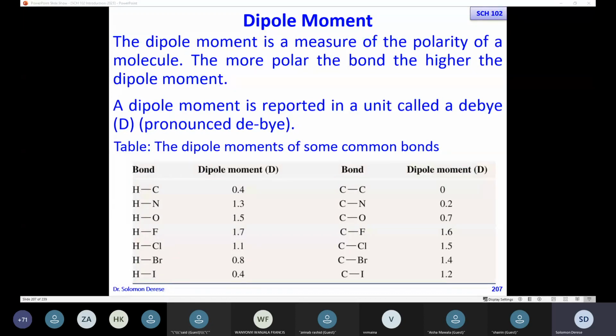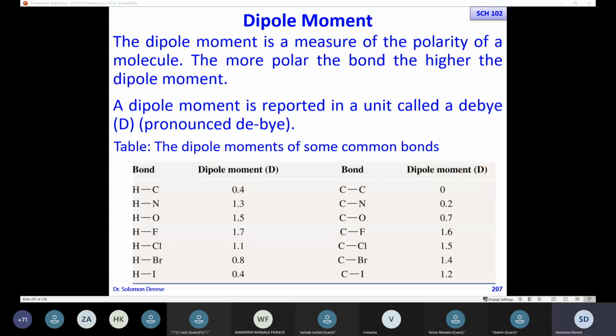But I'm sorry to tell you, the dipole moment of methane is 0. How is it possible for the dipole moment to be 0 when there are 4 bonds that are polarized? It is like the case where you have 2 people pushing a table, but they are pushing it in different directions, canceling out each other.